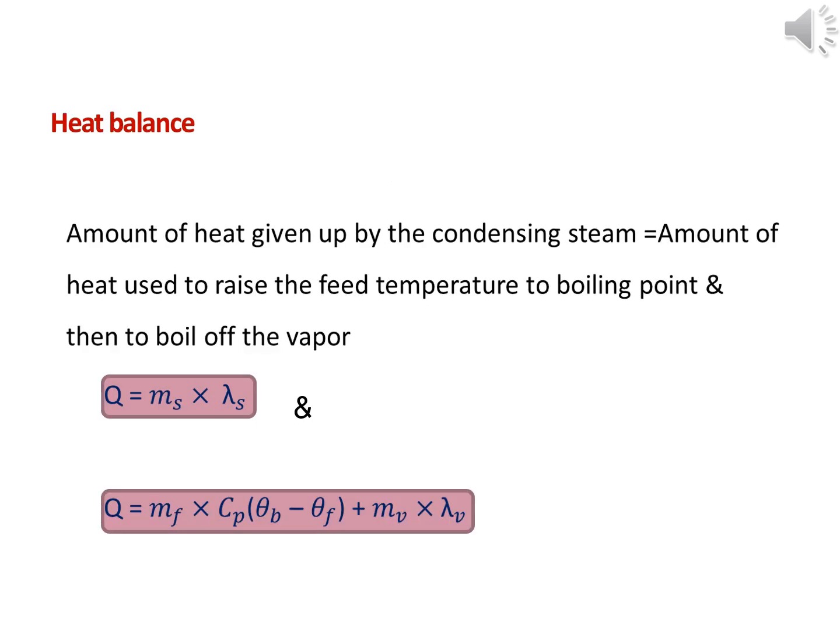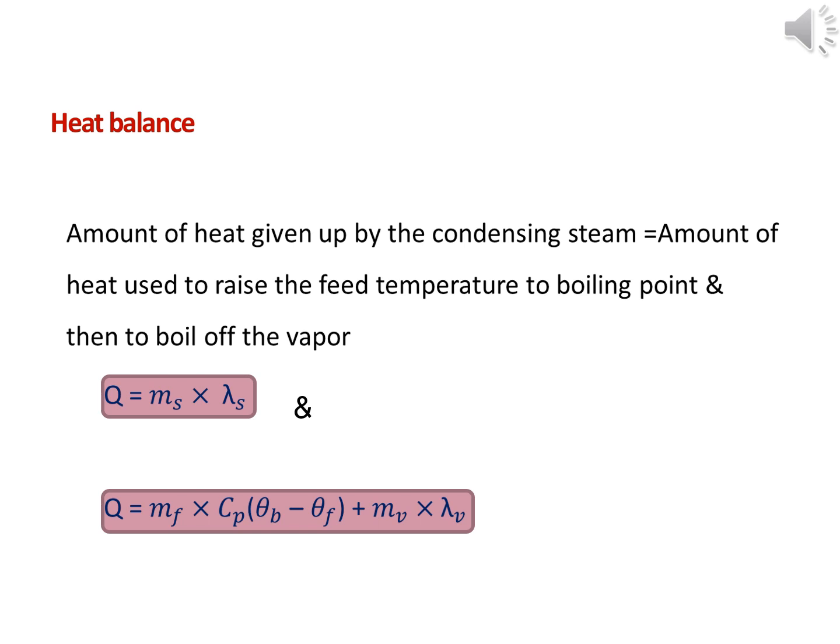For heat balance, the amount of heat given by the condensing steam is equal to the amount of heat used to raise the temperature of the feed to boiling point and then to boil off the vapor. The heat energy Q is equal to MS times lambda S, where lambda S is the latent heat of steam.